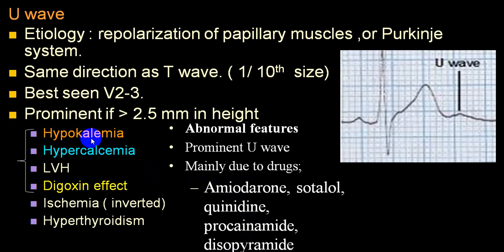But always keep in mind: hypokalemia, hypercalcemia, LVH and digoxin effect, not toxicity. So as we have already mentioned, it is because of repolarization of the papillary muscle or Purkinje system, etc.